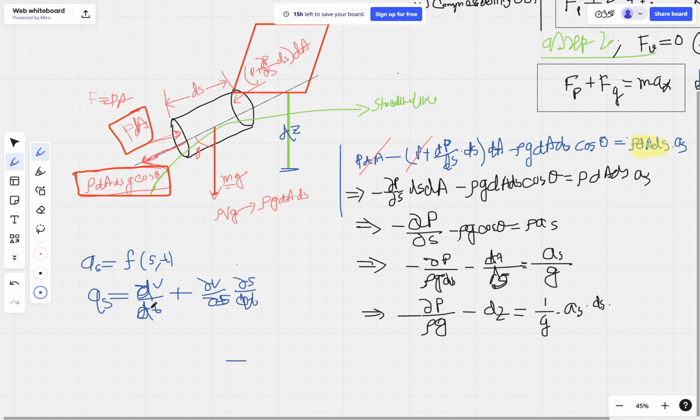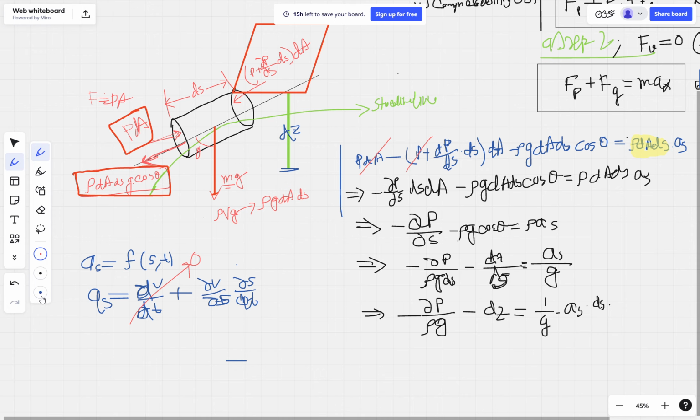As we have assumed that it is a laminar flow, where the velocity does not change with respect to time, this portion will be 0.